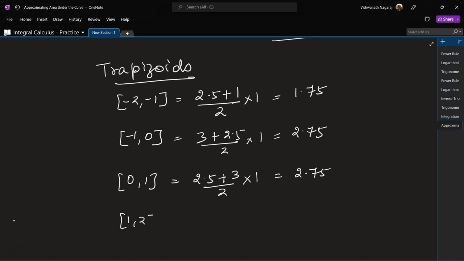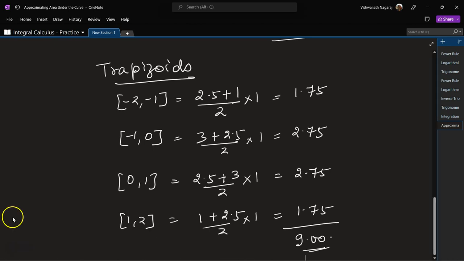And from 1 to 2, it would be (1 plus 2.5) by 2 times 1, which would be 3.5 by 2, that is 1.75. And if we add up all these, we get 9.00.